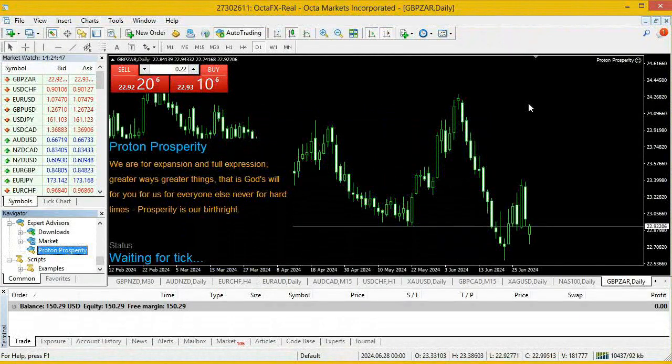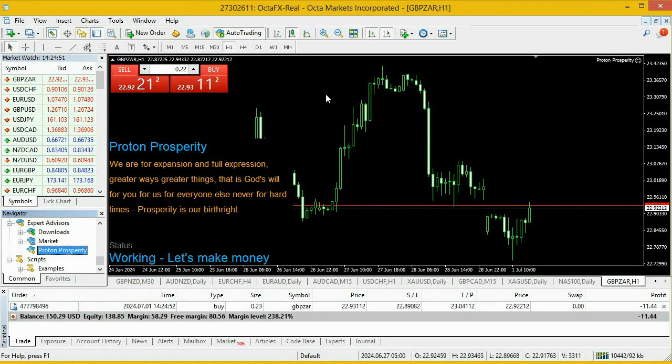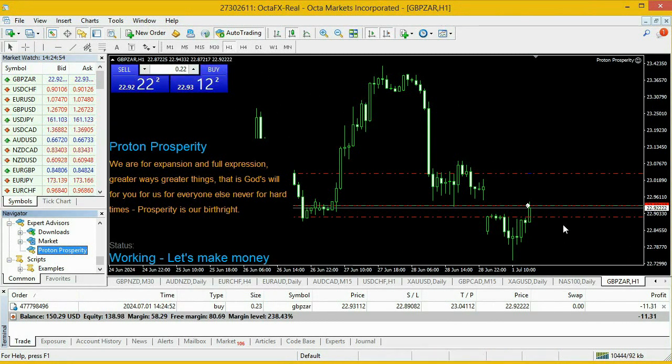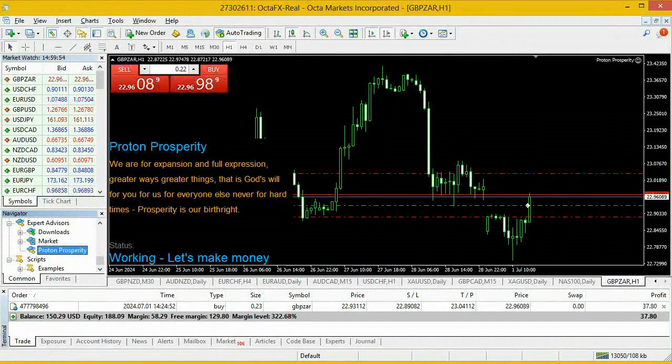The next trade is on the British pound and South African rand currency pair. Buy position executed. Our stop loss. And take profit. Moving forward. 35 minutes into the trade, this is where we are.